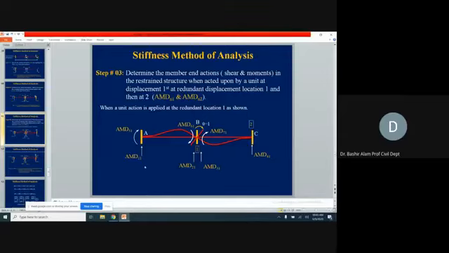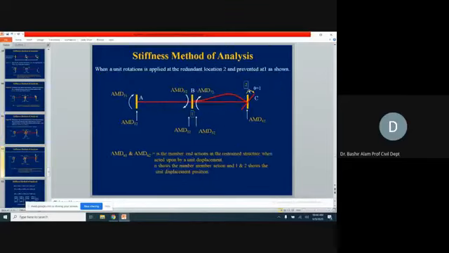So now AMD11 and so on will make the first column of the AMD matrix. In the second step, we provide a unit rotation corresponding to coordinate 2, which is D2, and find the corresponding member end actions. That will give you the second column of this AMD matrix.